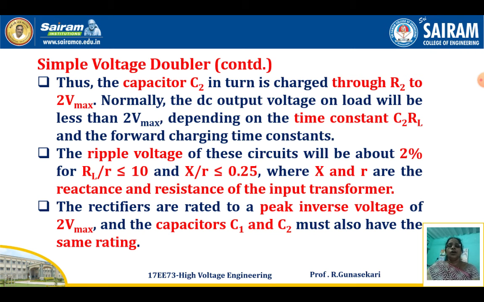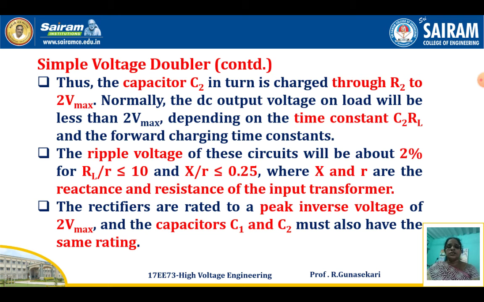Normally, the DC output voltage on load will be less than 2V maximum, depending on the time constant C2 RL and the forward charging time constants. The ripple voltage of these circuits will be about 2% for RL by small r less than or equal to 10 and small x by R less than or equal to 0.25, where x and small r are the reactance and resistance of the input transformer.